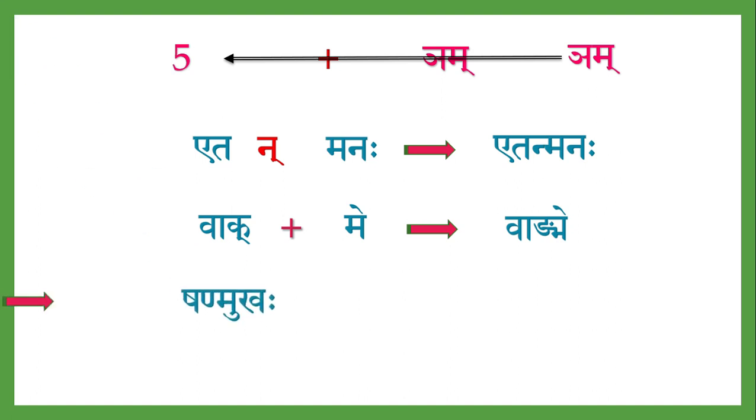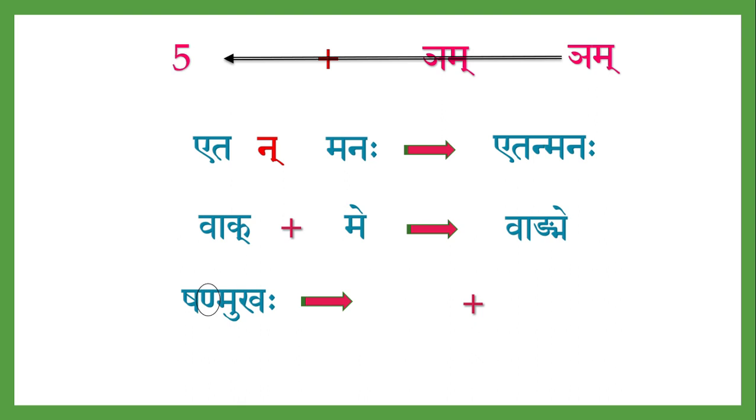In the next example, we got to split the word Shanmukaha. There is a place where two Anunasika letters come together. This is the point at which we got to break our word. The second word is very simple. It shall be Mukaha. What about the first word? The first Anunasika letter is Na, which is the fifth letter of Tavargaha.